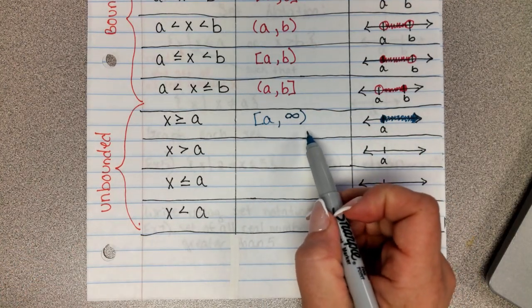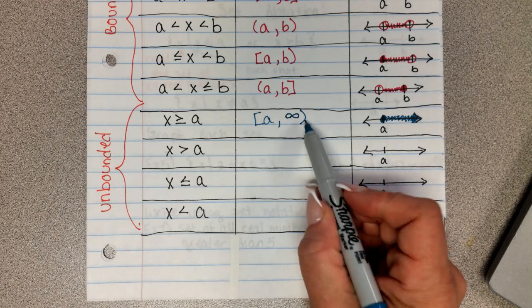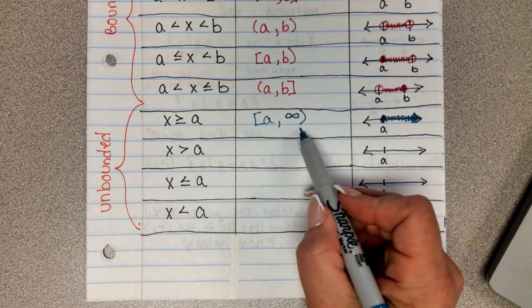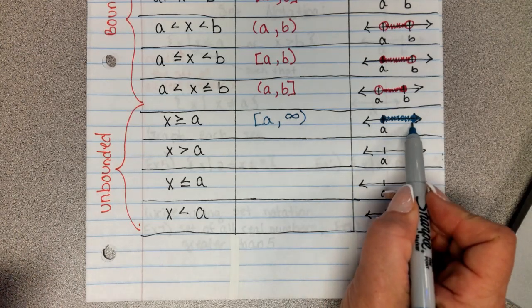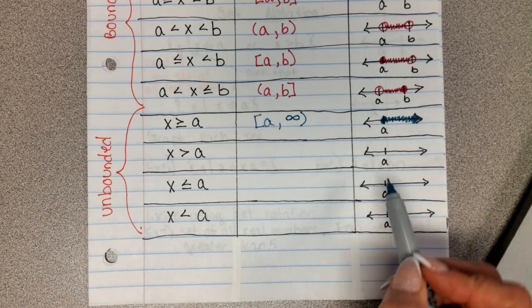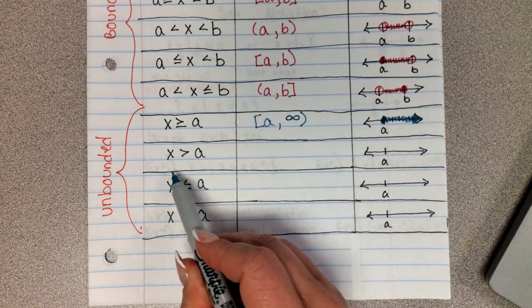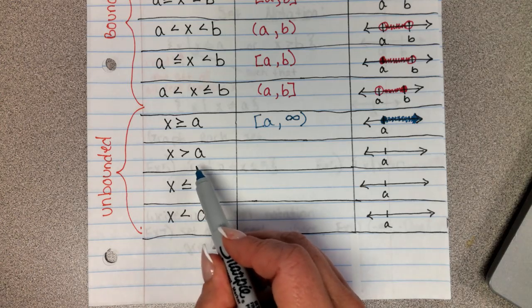I'm putting a parenthesis because infinity can't be included. Infinity is infinite. But I can approach infinity, and I'm going to continue to approach infinity for the rest of my life using said arrow here. Now, that's what happens when we're going this direction. You don't have to include A. Let's say you want X is greater than A, meaning all numbers greater than A, but not A itself.